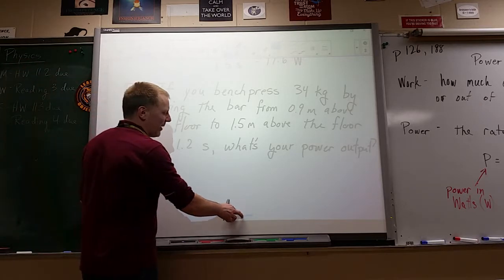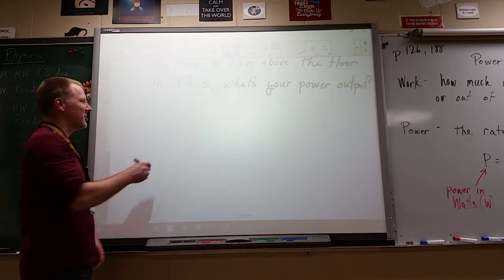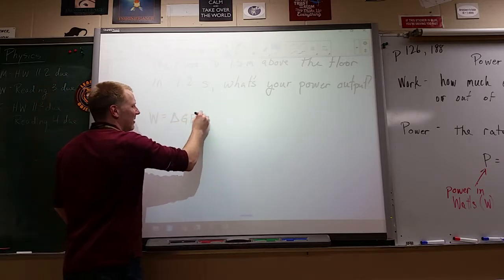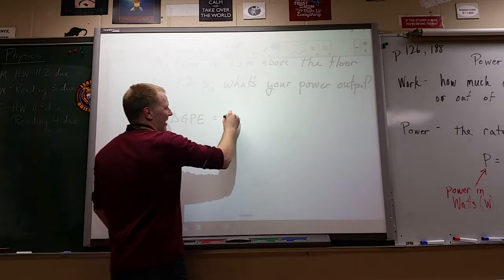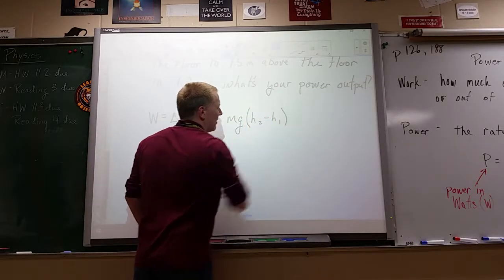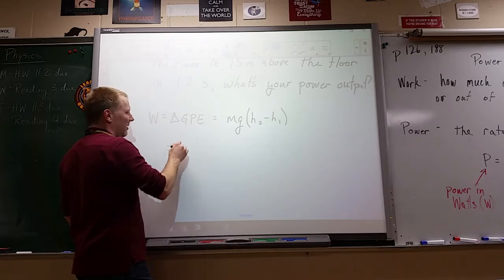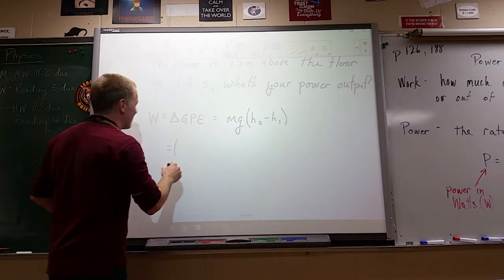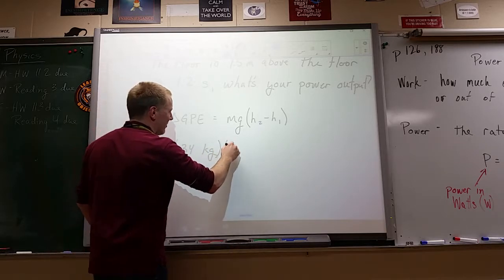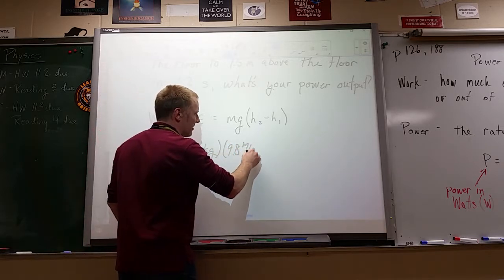Okay, so I saw a lot of people working out very similar questions. We know work is a change in GPE. We know that that's mg times a change in height. The mass was given as 34 kilograms. We know g is always 9.8 meters per second squared.